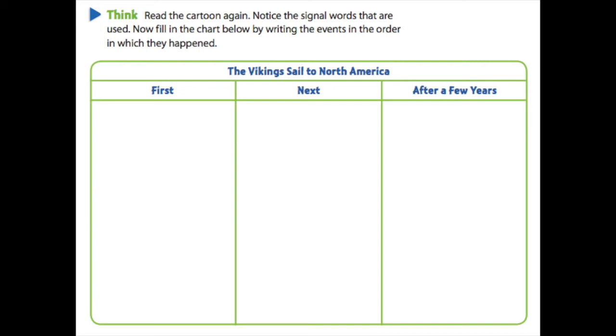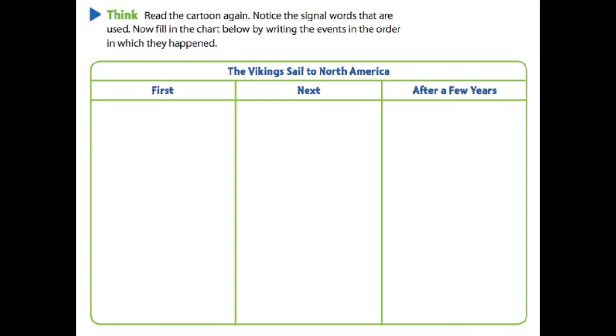You split it into the 3 sections. The first section is titled First. The second section is titled Next, and the third section is titled After a Few Years. So what I want you to do is take a look at the cartoon.